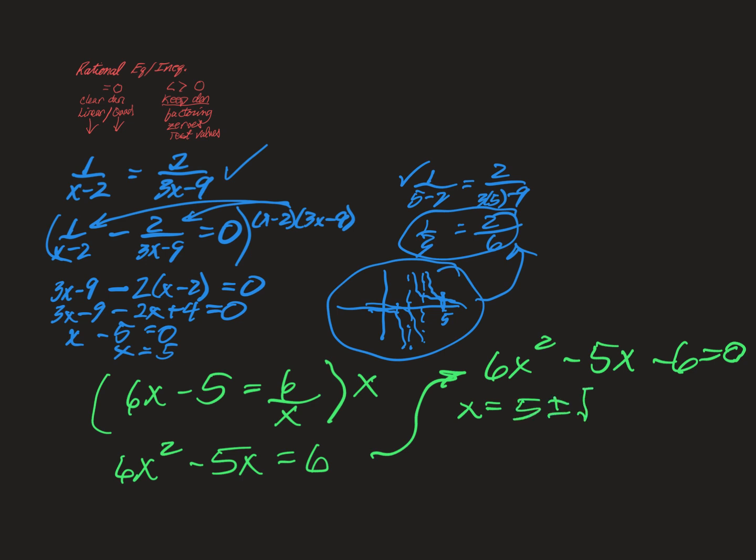5 plus or minus the square root of 5 squared minus 4 times 6 times negative 6, over 2 times 6. So this one will be 5 plus or minus... 24 times 6 is 144. So 25 minus 144 is negative 119. Is that right?